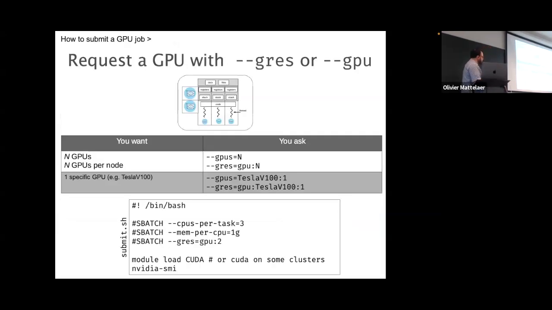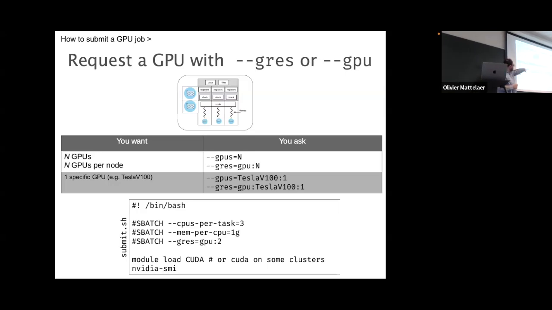And finally, if you need to use GPUs, you have 2 ways of requesting GPUs, with either --gpus or --gres=gpu, because GPU is a kind of GRES. GRES is a generic resource. If you request n GPUs with --gpus, you will get n GPUs independently of the number of nodes that you have.